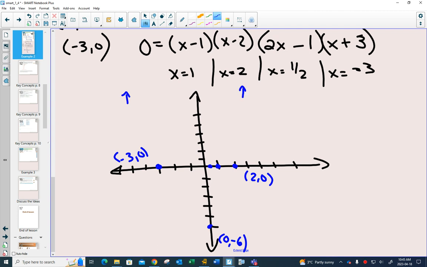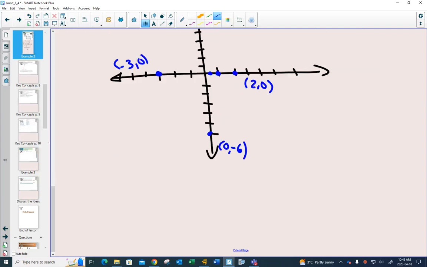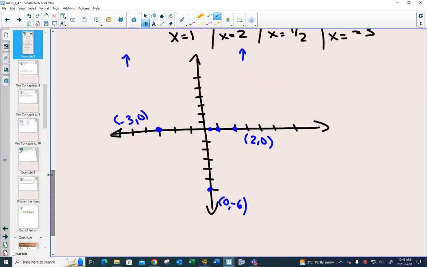So once you have all of your intercepts and the end behavior, now you're just going to draw a smooth curve through all of those points. So if I start up here, now, maybe one thing I would do, we don't know where our maxes and mins are, but I wouldn't necessarily just connect these 2 points.